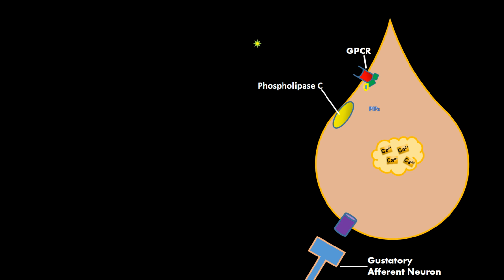In this video, we will cover the physiology of the bitter, sweet, and umami gustatory cells. The reason we can rope all three of these tastes together is that they all go through a very similar physiology. The major difference between the three tastes is the type of GPCR that they use.